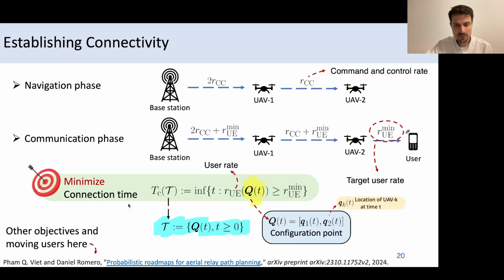So the connection time is therefore the smallest t, such that the rate that the user can receive is at least the target user rate, okay?